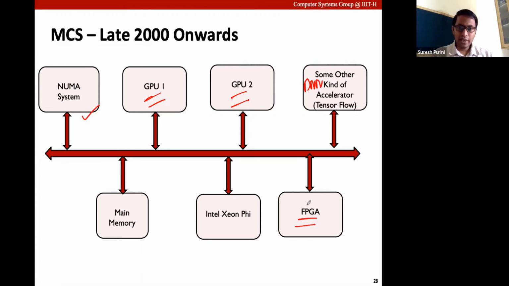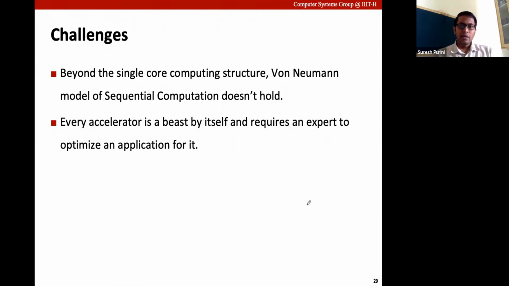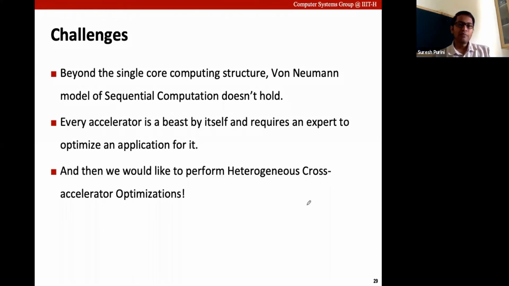So if you take a system, the underlying complexity of the system is exponentially blowing up. So the challenge is, from the single core von Neumann computing structure, from the sequential model of computation, we move to extremely complex architectures.